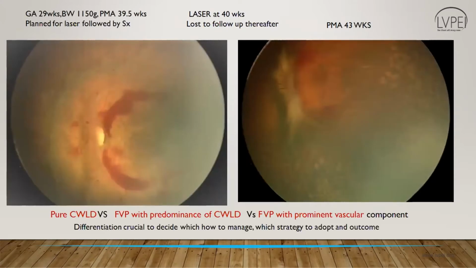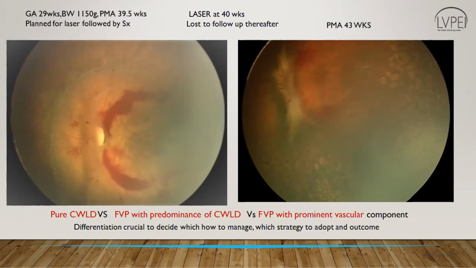While I share all these things, it is important that we distinguish these candle wax-like deposits from the so-called FVP with predominance of candle wax deposits, versus fibrovascular proliferation with prominence of the vascular component. In the first one, as we saw, they do very well with Avastin.